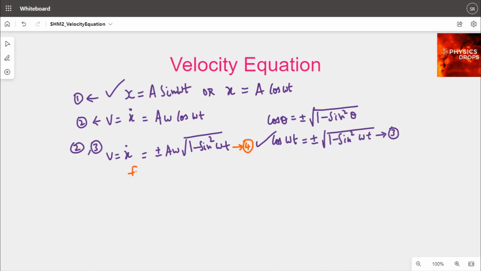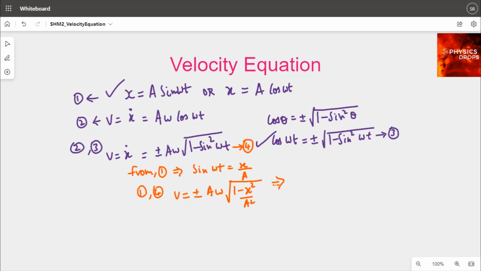But from equation 1, we know that sine omega t is x by a. So using equations 1 and 4, we get v equals plus or minus a omega times the square root of 1 minus x square by a square.